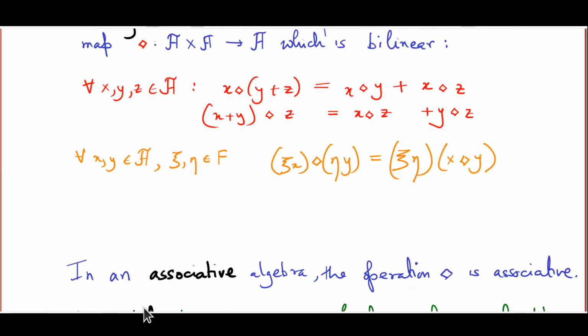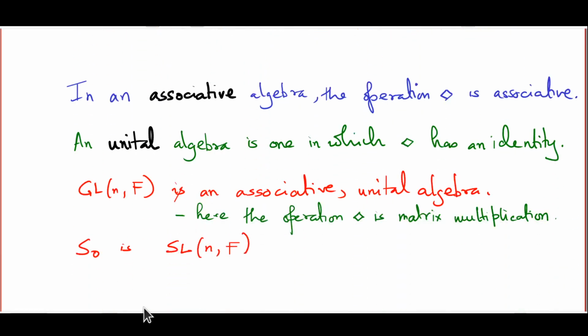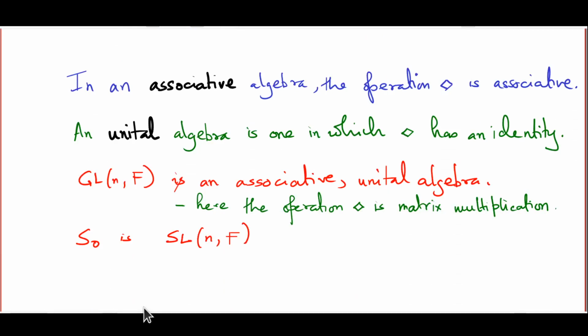A very important classification is that of an associative algebra. In this, the operation diamond or into of multiplication of two vectors is associative. So x times y times z is the same as x times y times z.